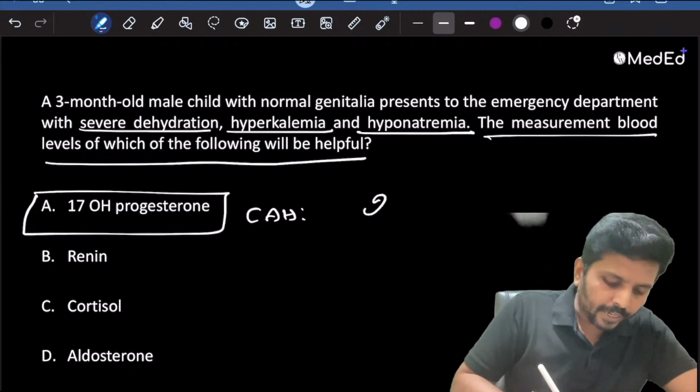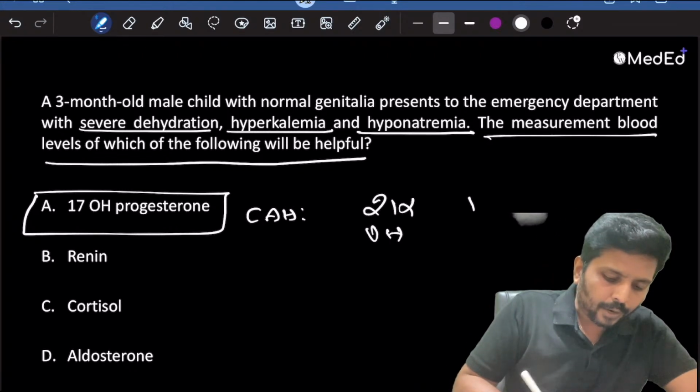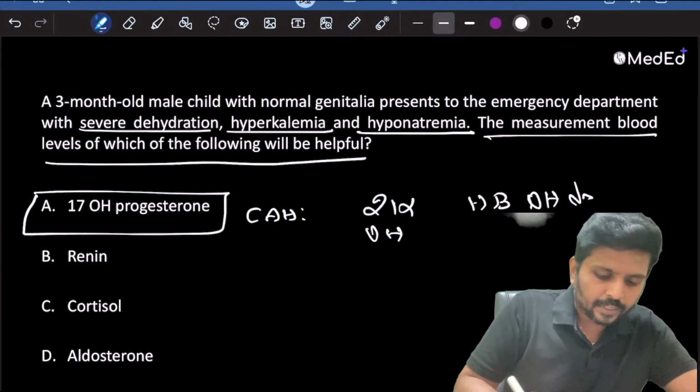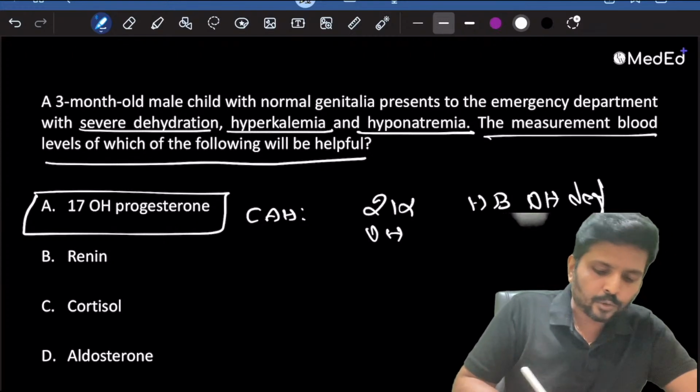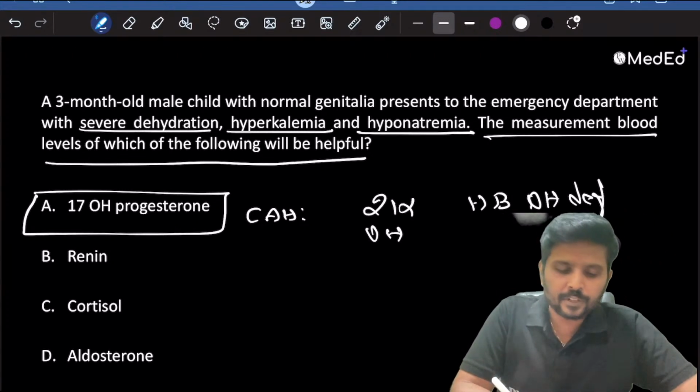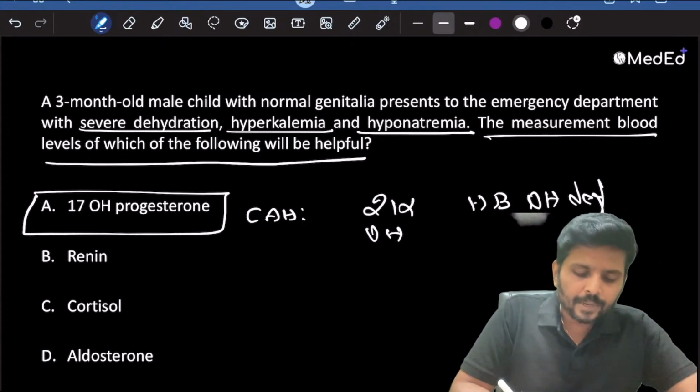You have 21 alpha hydroxylase deficiency, and you have 11 beta hydroxylase deficiency. So in 21 alpha hydroxylase deficiency and 11 beta hydroxylase deficiency, what will happen?